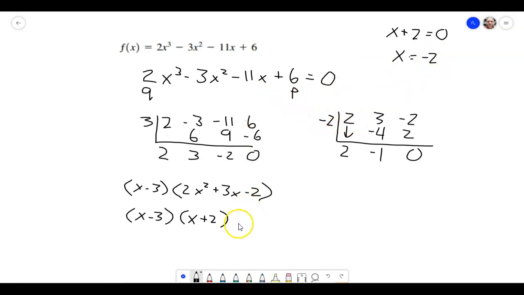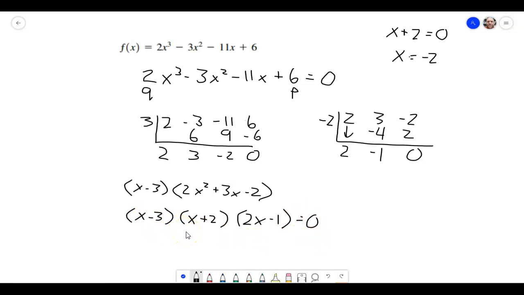And then the last one here is going to be one less exponent than this. So this is going to be 2x minus 1 is equal to 0. And there you have it completely factored out.